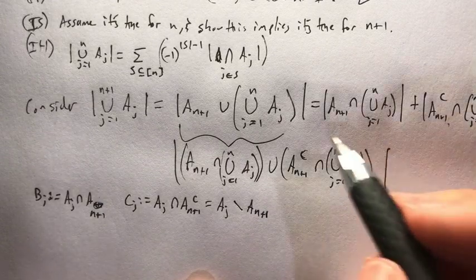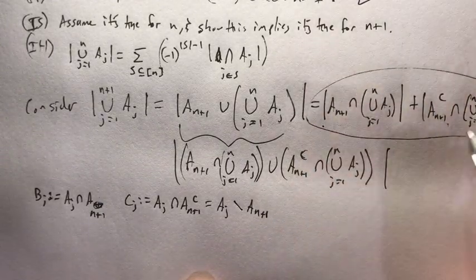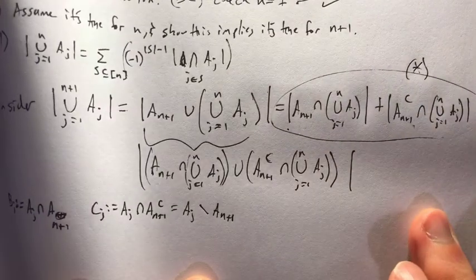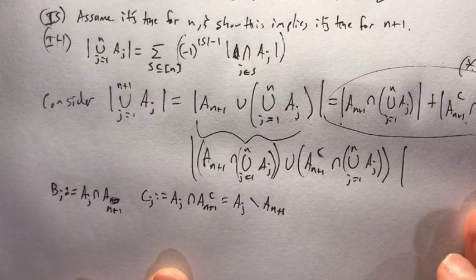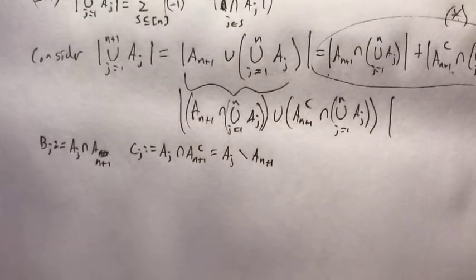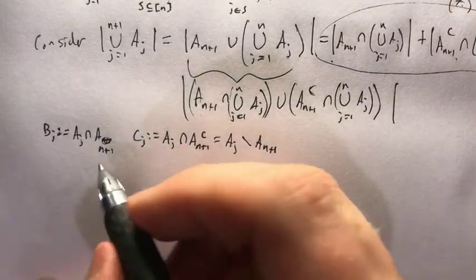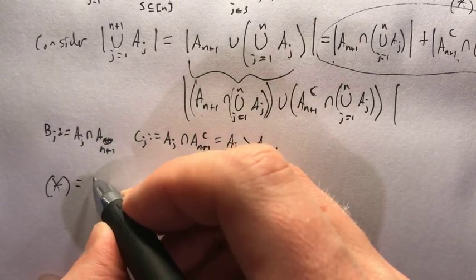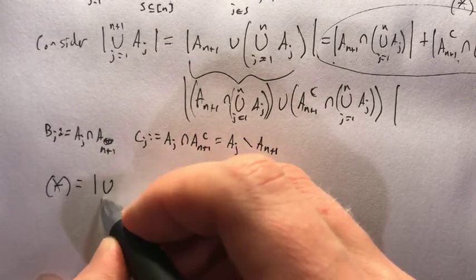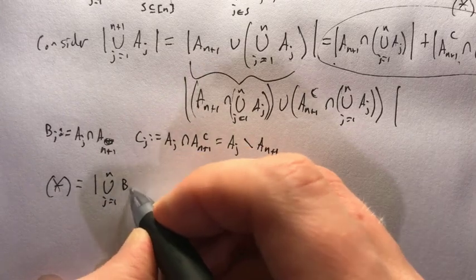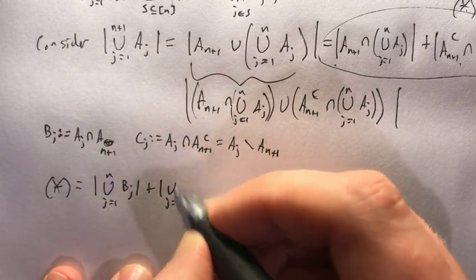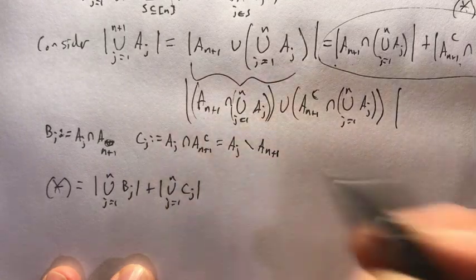And now this thing right here, I'll call this star, this sum of these two intersections, that has really become the size of the indexed union of B sub j's plus the size of the indexed union of C sub j's.